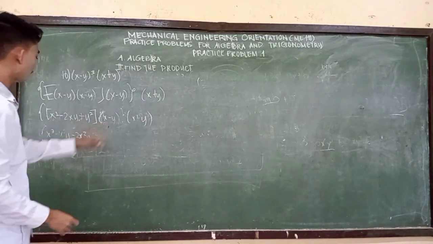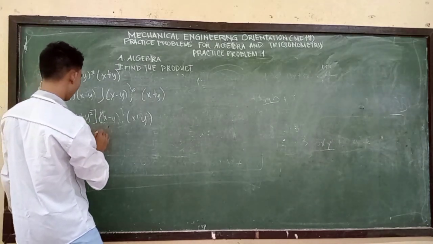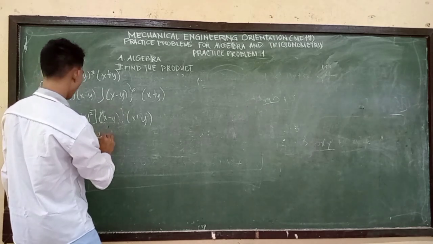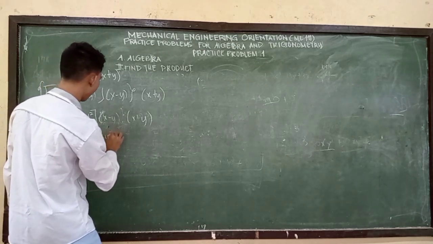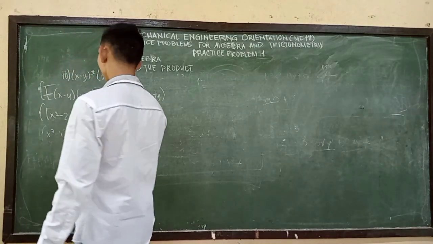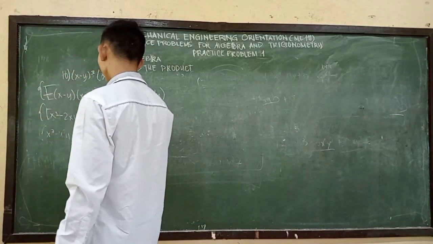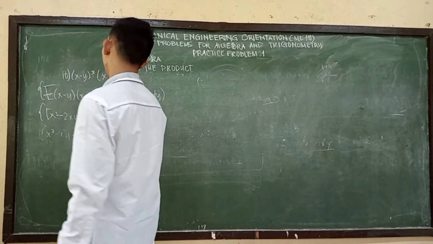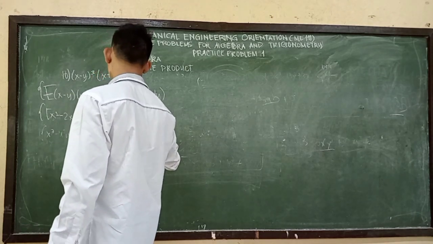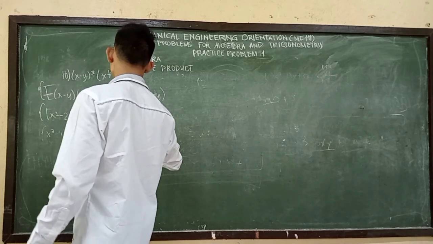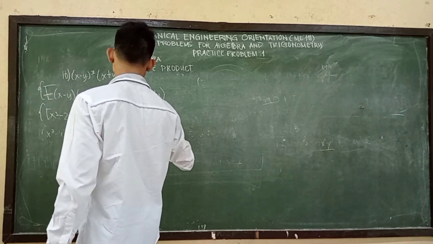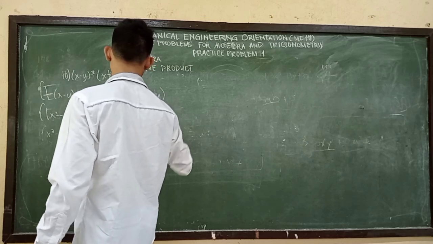Negative 2xy times negative y is positive 2xy squared. y squared times x is positive xy squared. And then y squared times negative y is negative y cubed. And then x plus y.